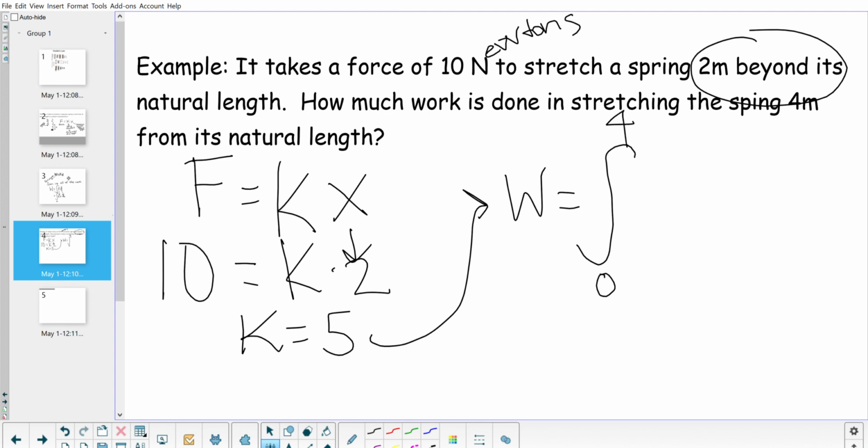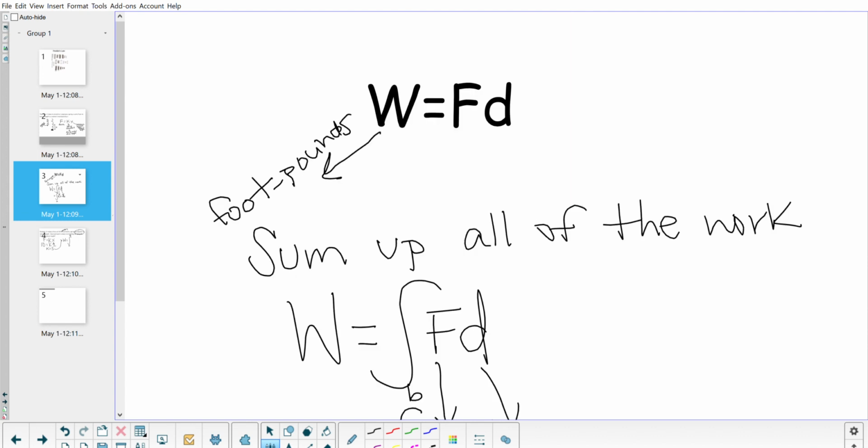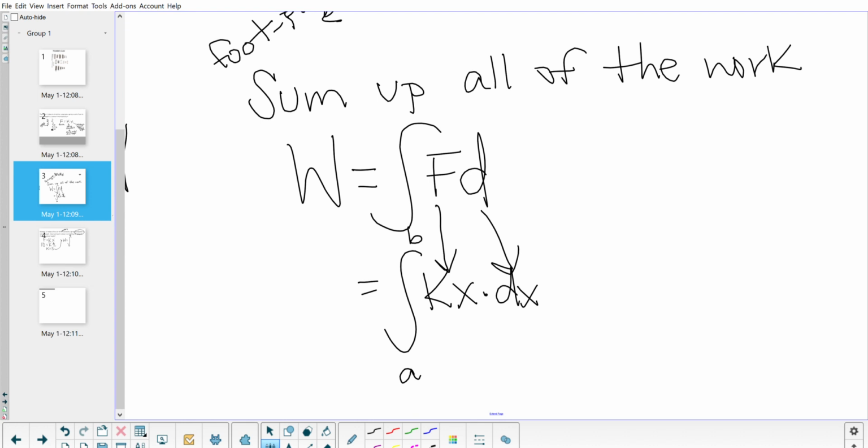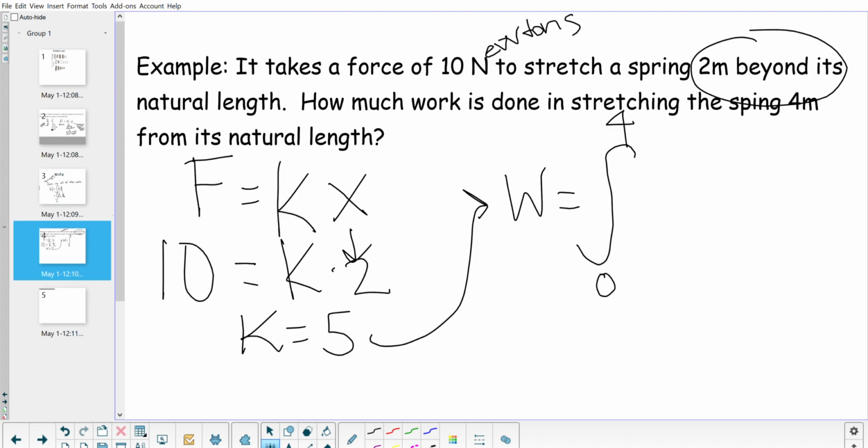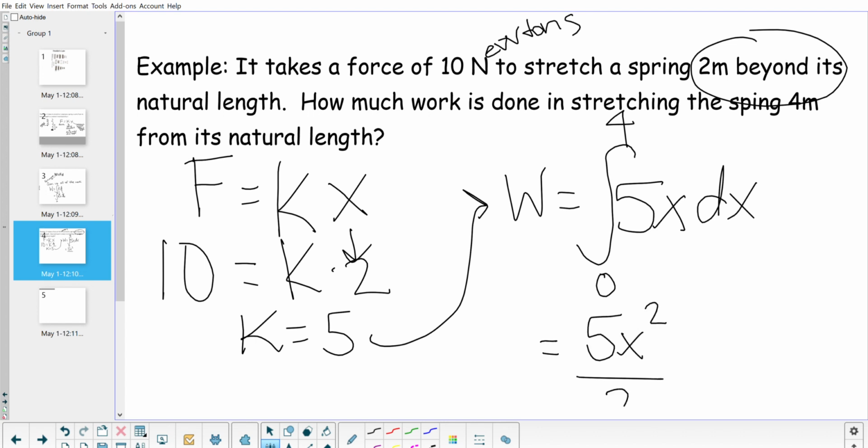And then just using this formula here, k x dx, k we just found to be 5, x dx. Now I'm just going to take this old school and actually take the antiderivative. That's 5x squared over 2 from 0 to 4.